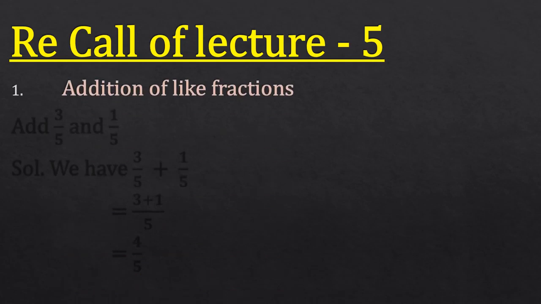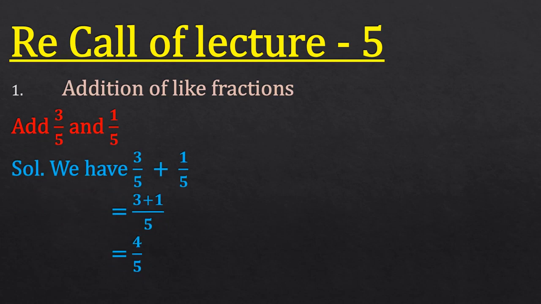So, first of all is addition of like fractions. Let us recall that. How we add when we have two or more than two like fractions. When we have two or more like fractions, means whose denominators are same, we will add the numerator just. See the example, 3 upon 5 plus 1 upon 5.